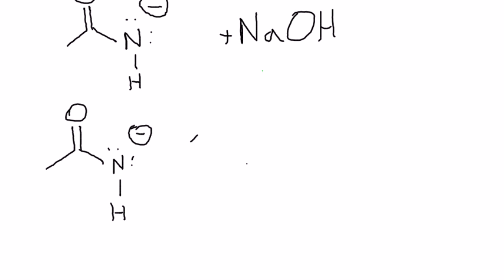Now we can draw a resonance form where we take the lone pair from the nitrogen and we form a double bond with this carbon, and then we take the electrons in the pi bond, in the double bond between oxygen and carbon, and we move it up.